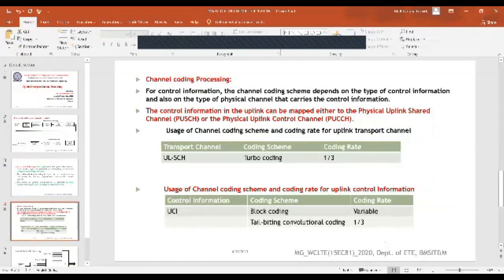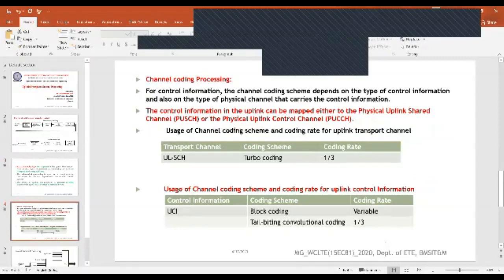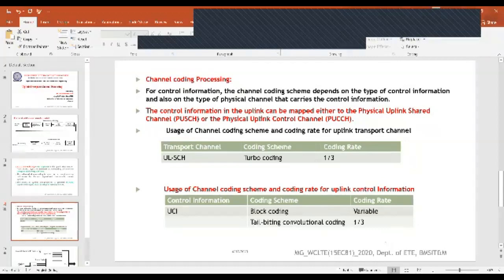Okay, it is very simple here in the case of uplink because in the downlink so many control channels are there, but here it is only two channels in the uplink. Okay, one I said the physical uplink shared channel. See, the control information in the uplink can be mapped either to the physical uplink shared channel, that is PUSCH, or to the physical uplink control channel, that is PUCCH.